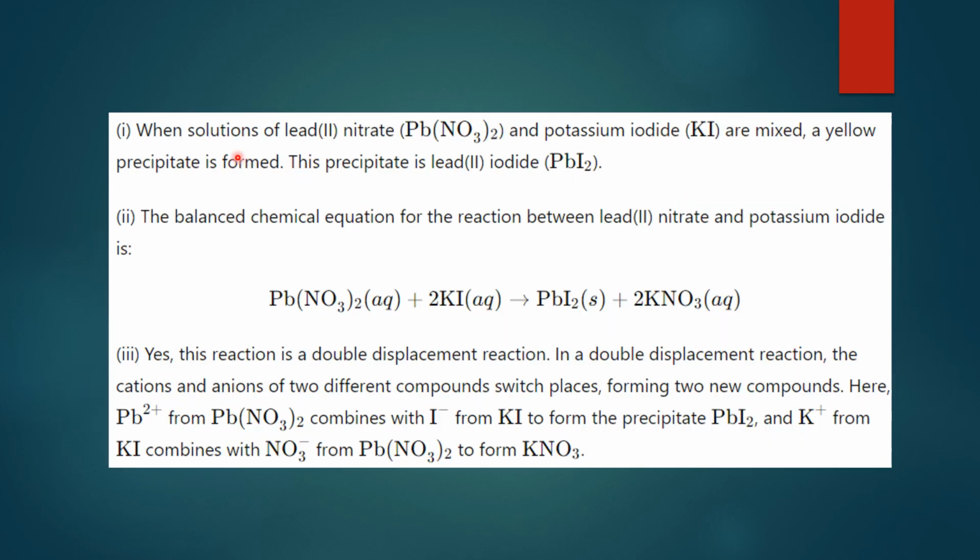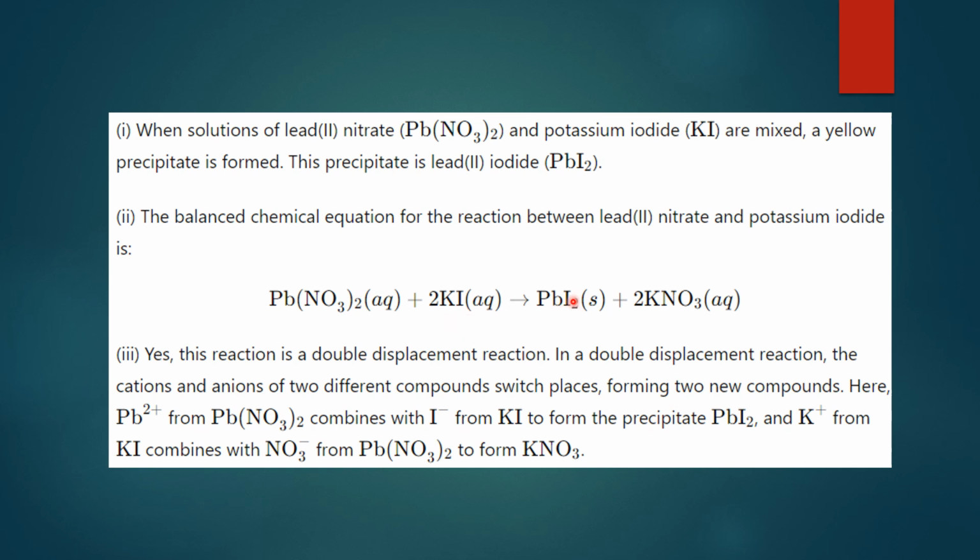So basically when the solutions of lead nitrate and potassium iodide are mixed, तो आपको एक yellow precipitate मिलता है. Just remember this. A yellow precipitate will be formed. And what is that yellow precipitate? It is lead iodide, PbI2. Fine. If we want to write the equation for this, we have lead nitrate, Pb(NO3)2 aqueous, plus potassium iodide, KI aqueous.